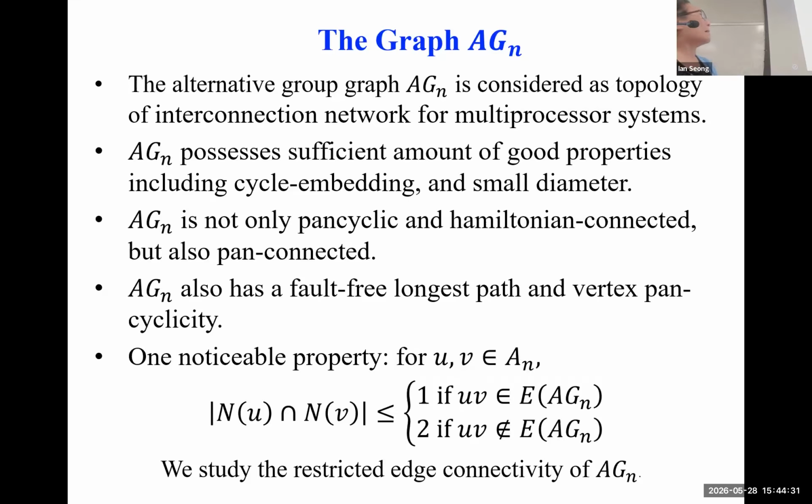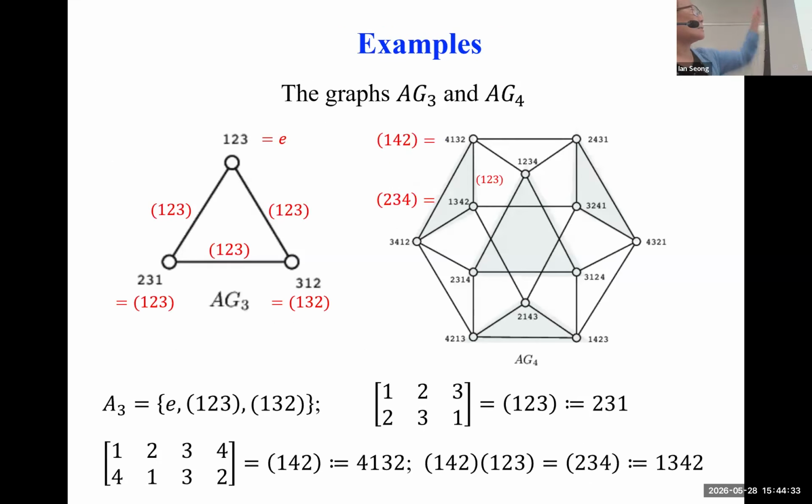I want to go back to the graph. If you look at this graph, see just this edge from 4132 to 3412. You can look at the neighbors of the two endpoints, and since it's one edge, there's only one vertex, 1342, in the intersection of the two neighborhoods.